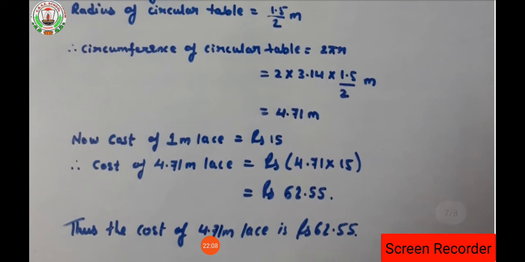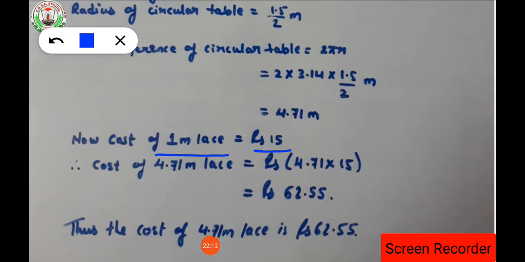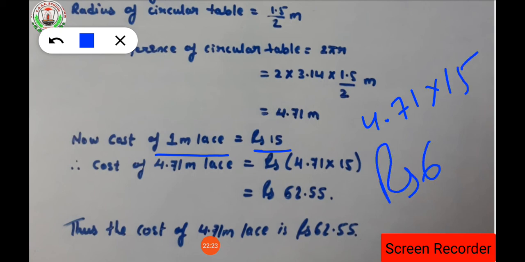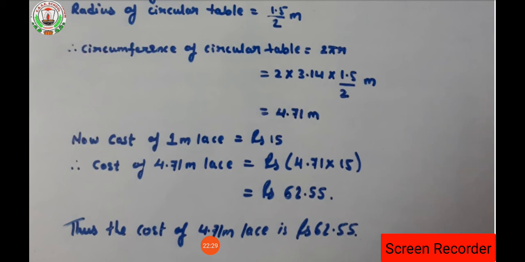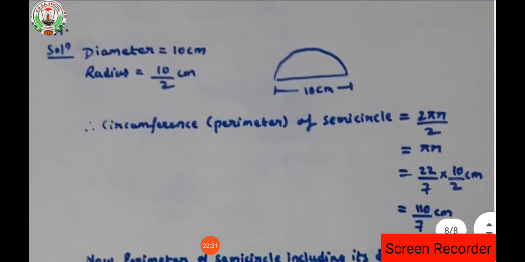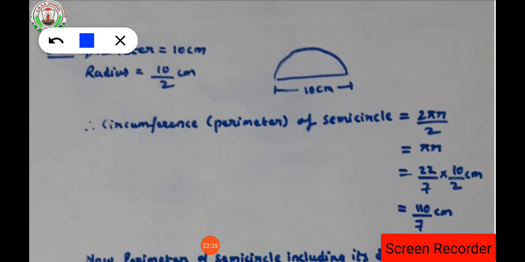Now since it is said in the question that 1 meter of lace costs rupees 15, the circumference 4.71 will be multiplied with 15 to get the cost. So total cost will be 62.55. So this is the total cost of the lace. Clear everyone?